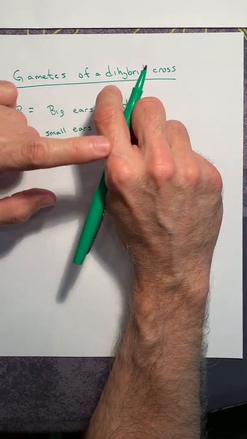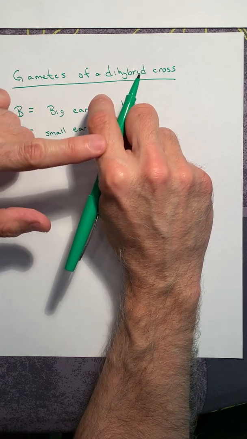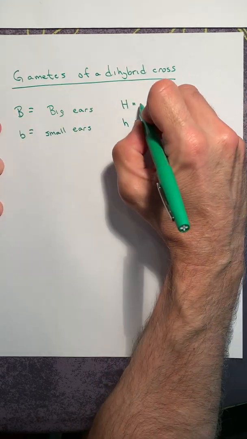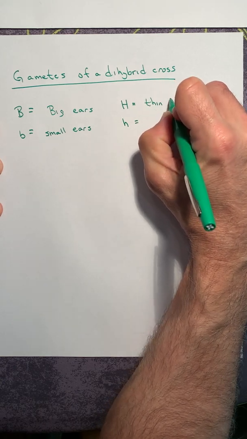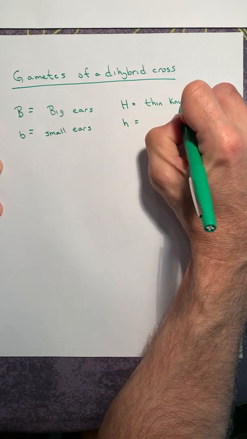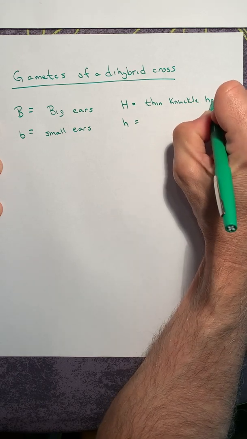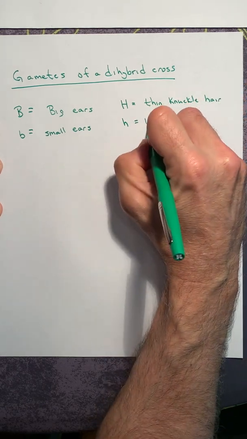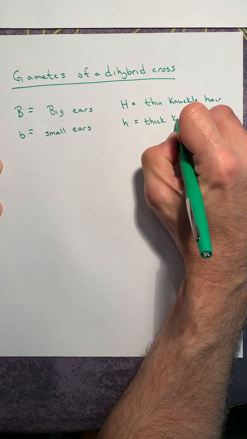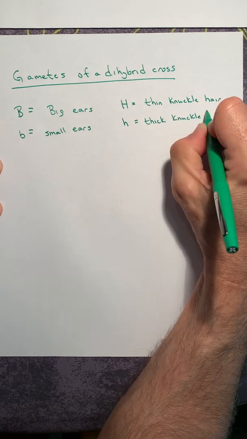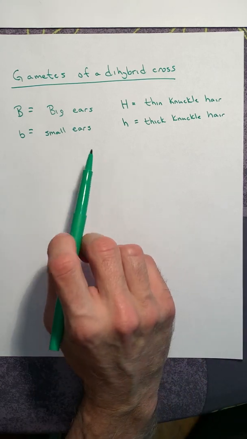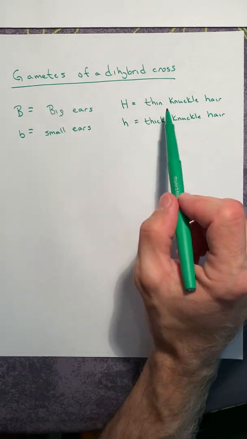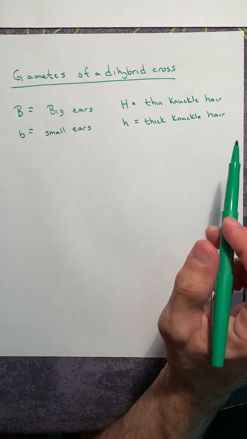So sometimes people have different amounts of hair in between their knuckles. And so let's say that big H is the dominant condition, is actually thin knuckle hair. And then let's make the recessive really thick knuckle hair. And this is nothing to worry about, it's just hair, right? So we're playing some games here where we're talking about the size of our ears and the thickness of the hair in between our knuckles.